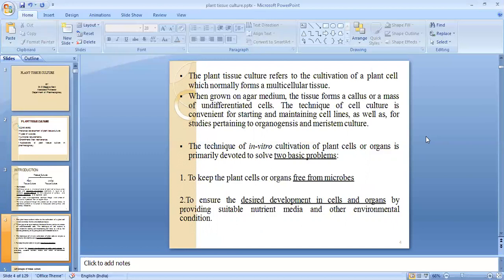Okay, that is from an isolated individual cell to a multicellular tissue. Do you understand?